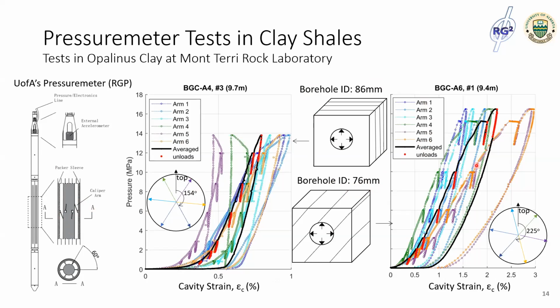However, the test in borehole BGC-A6 has a larger expansion, particularly in arm 5 and arm 6, because of the higher compliance perpendicular to the bedding plane.